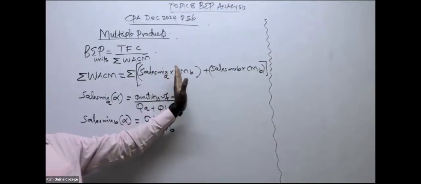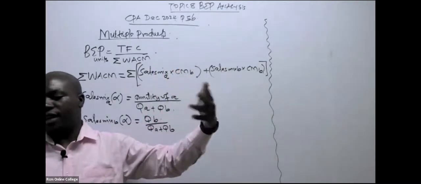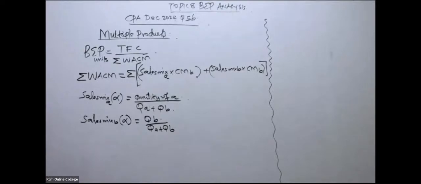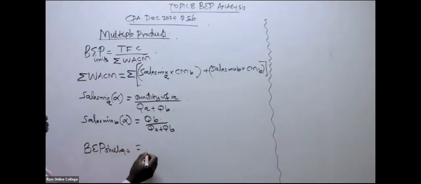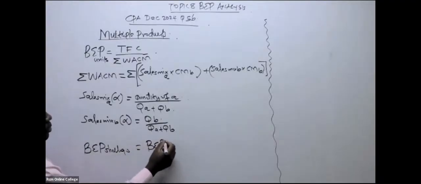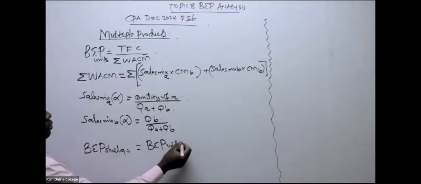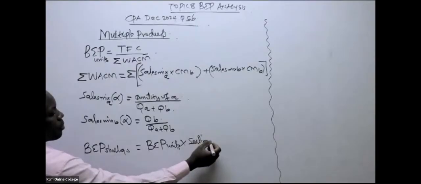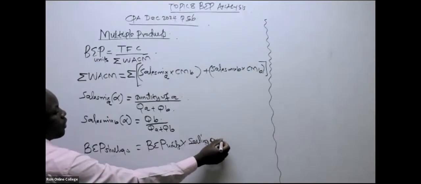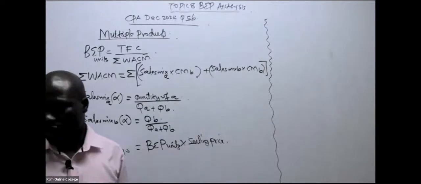So being that I'm dealing with 2 or 3 different products with different selling prices, what are we going to do? What we'll be doing is very simple. We now talk about break-even point for each product. So break-even point in shillings will be equal to break-even point in units multiplied by selling price per unit.